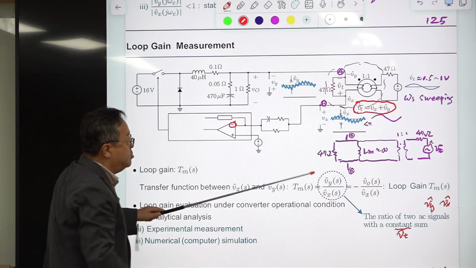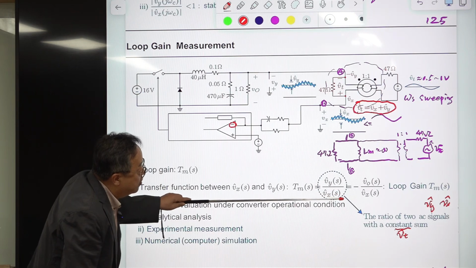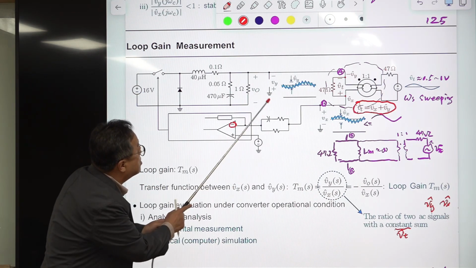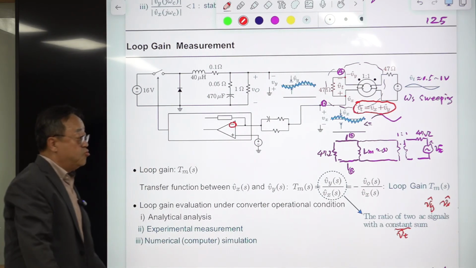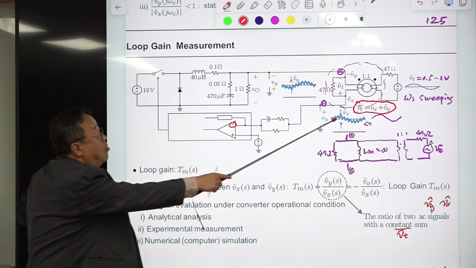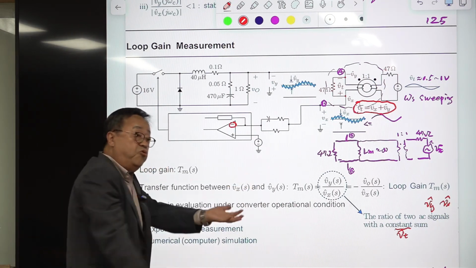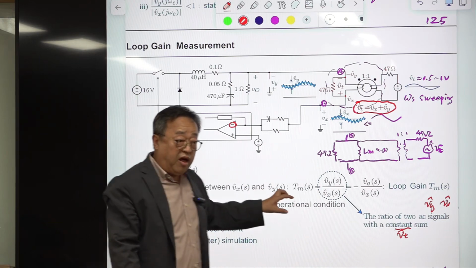Okay, and with this you may get this. This is this one, and this is minus because the polarity is opposite here. This one is what? This is a loop gain, but this is not the actual one because you have something here. This will affect this value, but the error is very small.